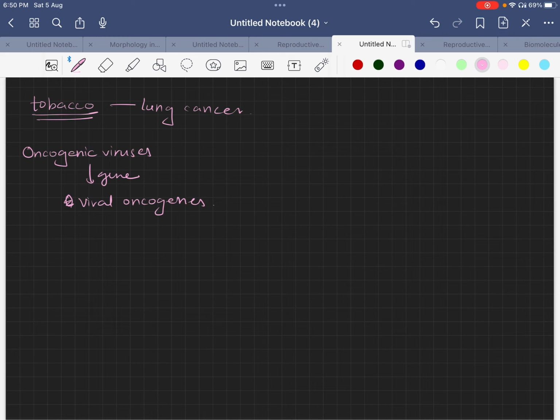That's why people whose parents have had cancer have a high risk of cancer, I think because of cellular oncogenes or proto-oncogenes. Proto means before.